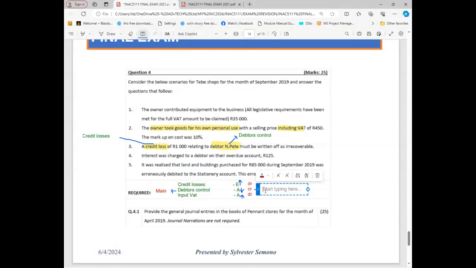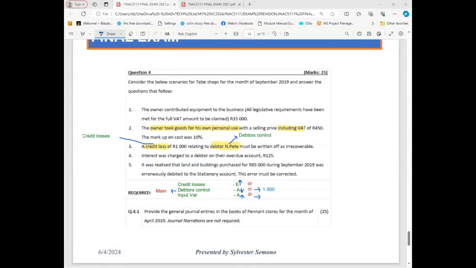How much is it? It's 1,000. So 1,000 rands is going to be recorded here for debtors. But we need to calculate VAT. We know that VAT is included, so let's see how we get it.